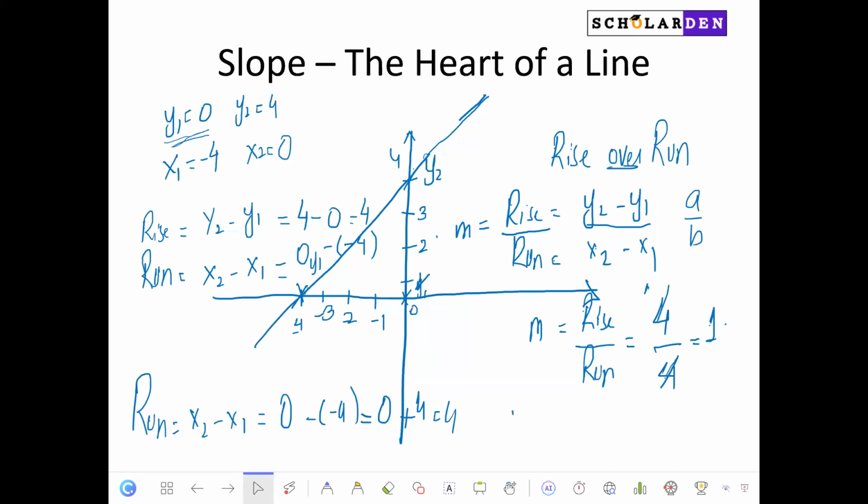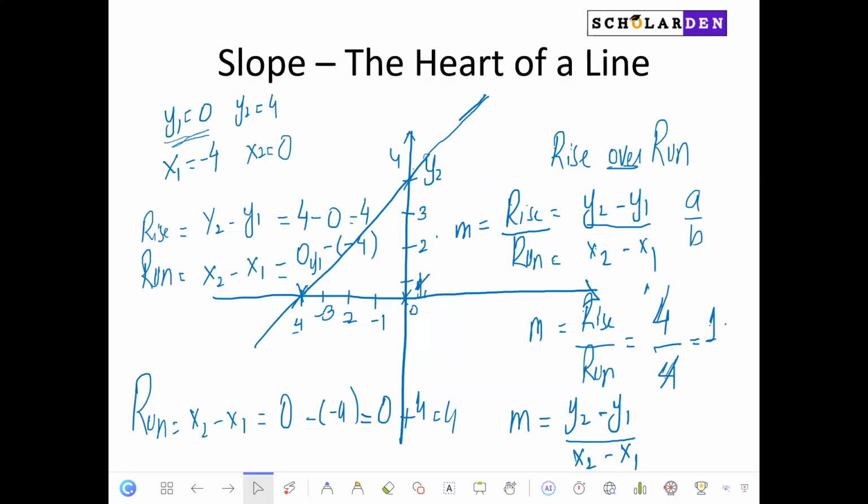Simply stated, in typical mathematical terms, without going into the rise and run thing, the slope for any line could be calculated by this expression. You take 2 points along the line and find their corresponding x and y coordinates. If you take a point over here, you call it y2 and its x coordinate x2. If you take a point over here, this is point 1, so the y coordinate is y1 and the x coordinate is x1.